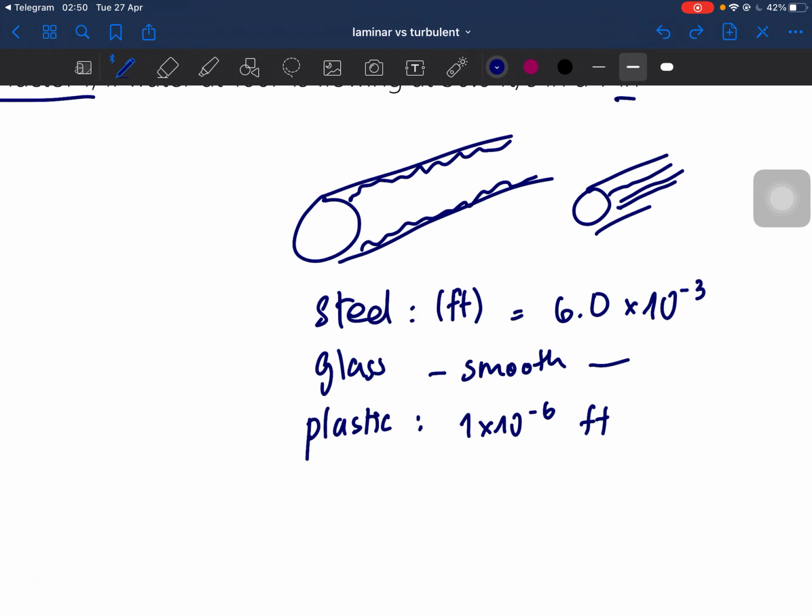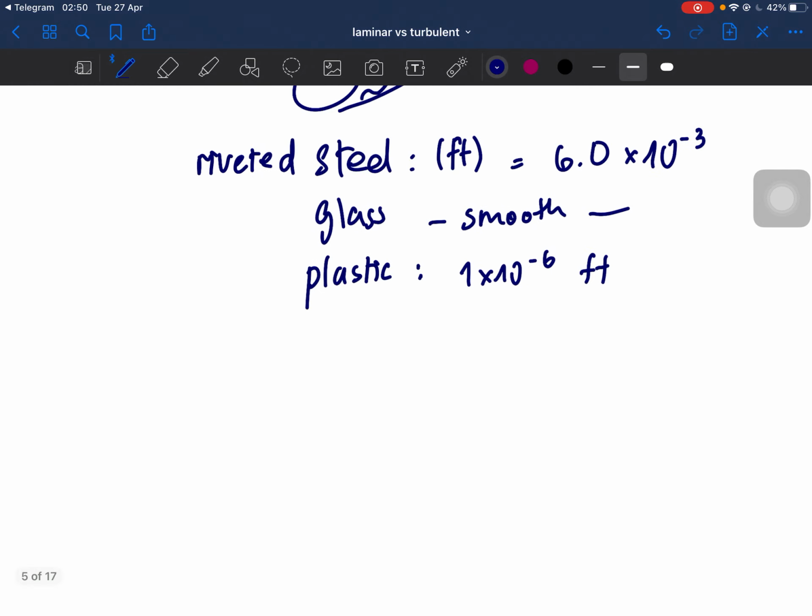So this is called riveted steel, but we have another type of steel, which is commercial steel, 1.5 times 10 to the minus 4. So it depends on the question.